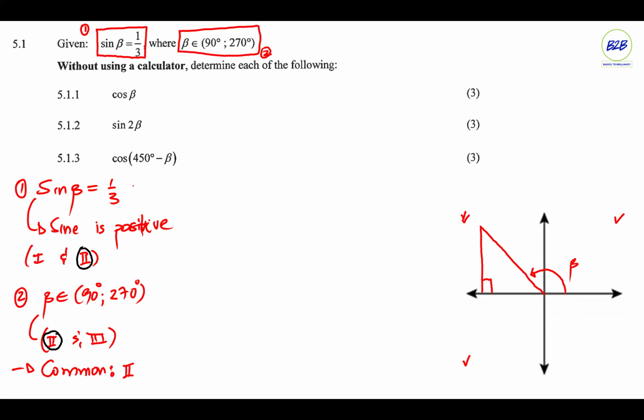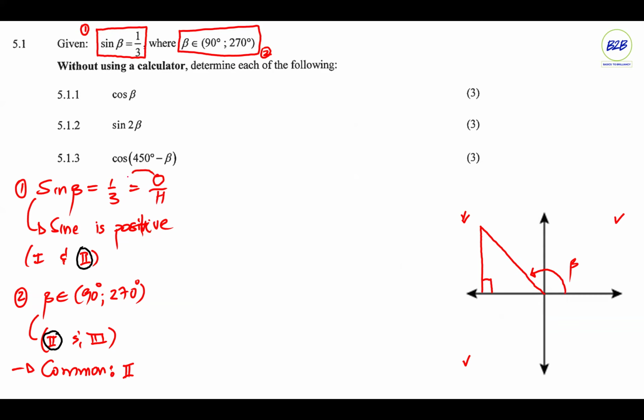For labeling of the sides, we go back to our first piece of information. We see that, okay, we have sine beta equal to 1 over 3. And previously in episode 1, we saw that the definition for sine is actually opposite over hypotenuse.